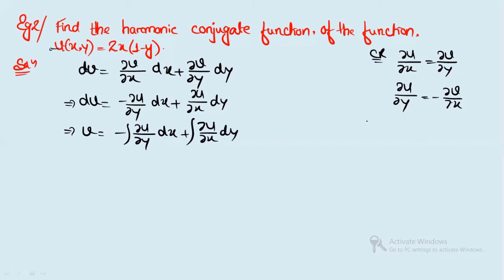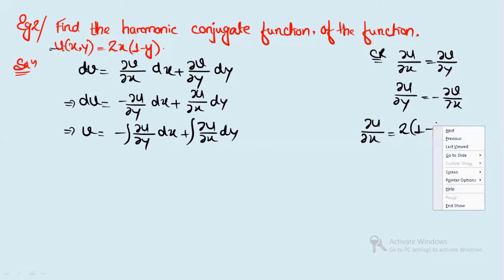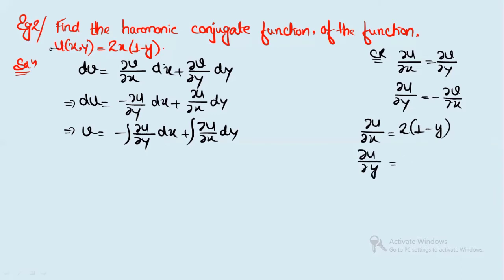First we will find ∂u/∂x. When you differentiate this term with respect to x, ∂u/∂x will give you 2(1 - y). And ∂u/∂y: the first term is constant, the second term will give you only -2x, right?